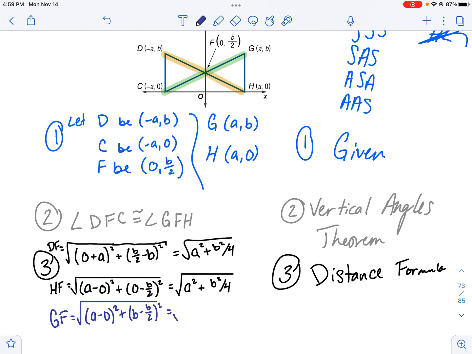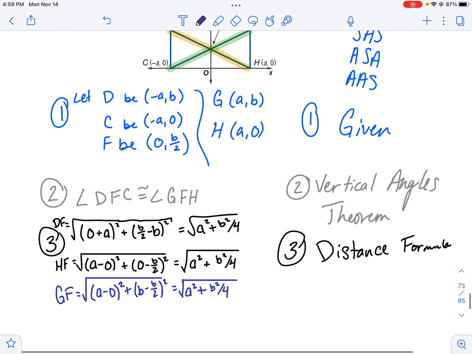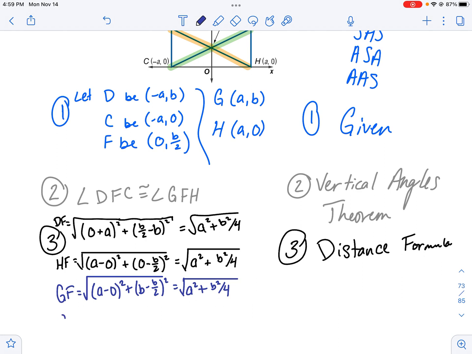If you simplify that, that would be the square root of A squared plus B squared over 4. Okay, let's see what happens with CF.